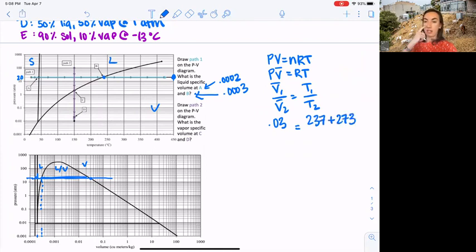So remember, whenever we're using the ideal gas law, we need to convert to Kelvin. And then V2 is what we want to find, and our T2 is 450 C plus 273.